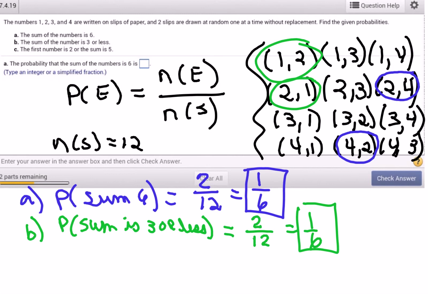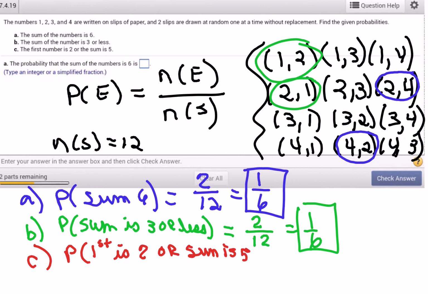Now let's look at our last question. It is the probability that the first number is 2 or the sum is 5.